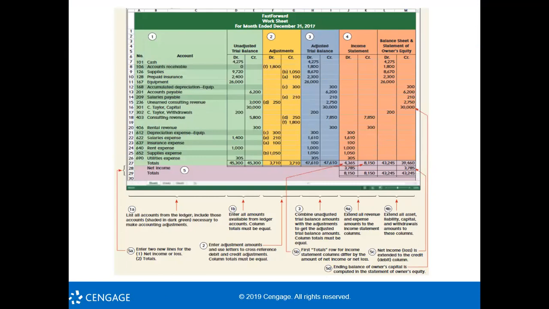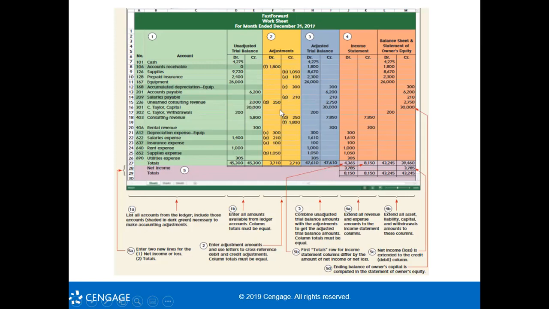We've gotten to this point, this green shaded area here, the unadjusted trial balance. We see accounts here, their balances, whether they're debits or credits. We make adjusting entries as necessary.